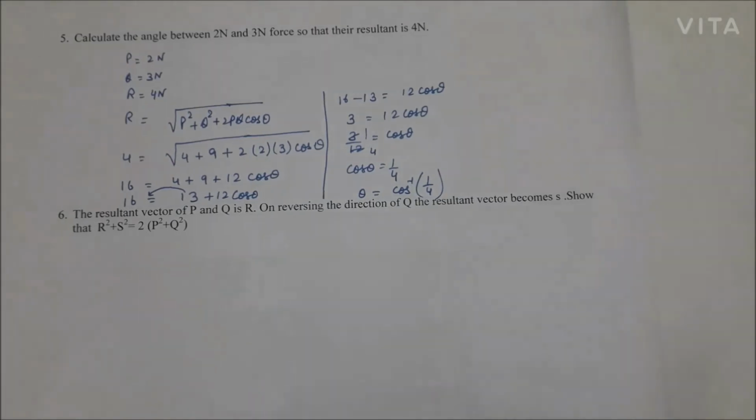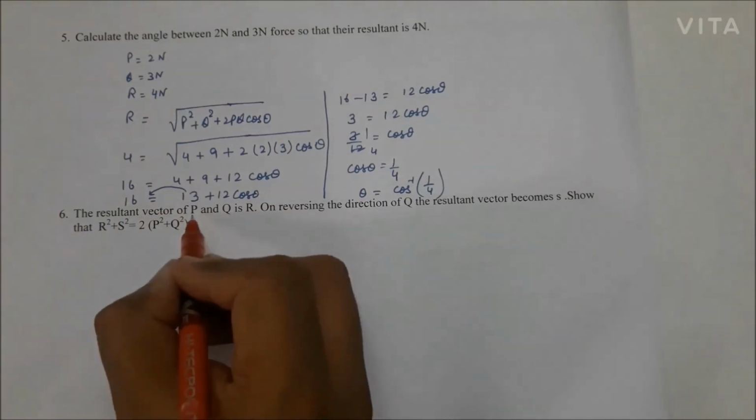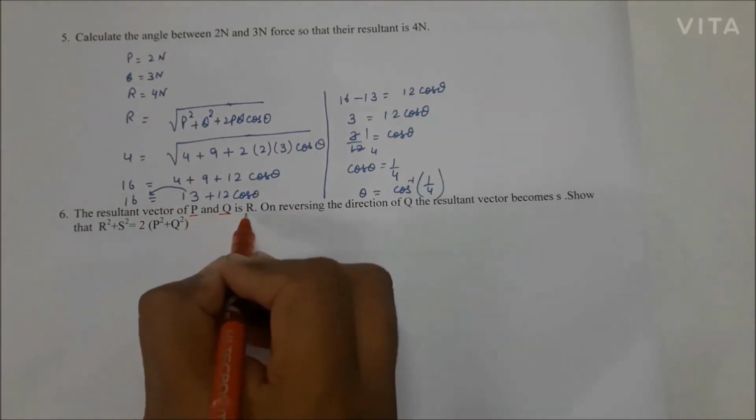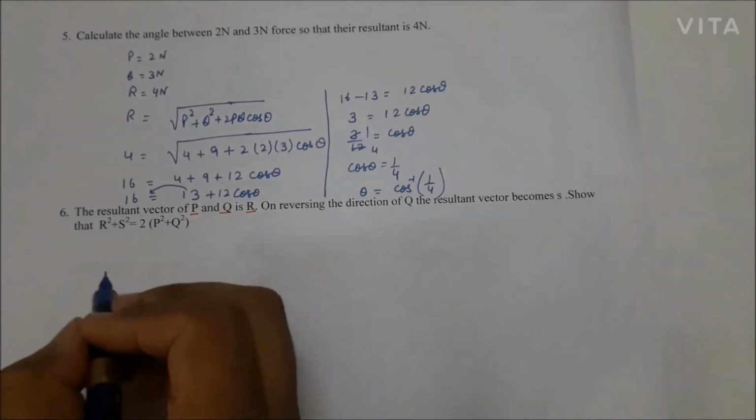Okay. So let's proceed to the next question: the resultant vector of P and Q is R. On reversing the direction of Q, the resultant vector becomes S. Now just see what the statement says. If vectors P and Q are given, then R is their resultant. Now what is the formula for the resultant vector?